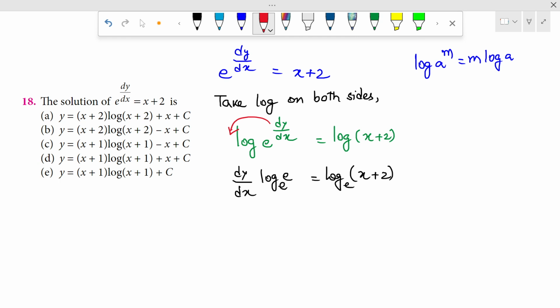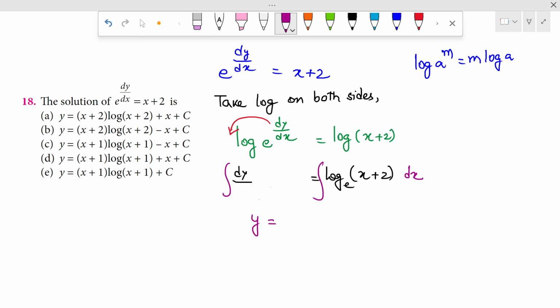And log e to the base e is 1, so I can write dy by dx is this, and if I substitute this over here and then integrate, that means integration of a dy is y. So we just need to find the integration of log x plus 2 dx.